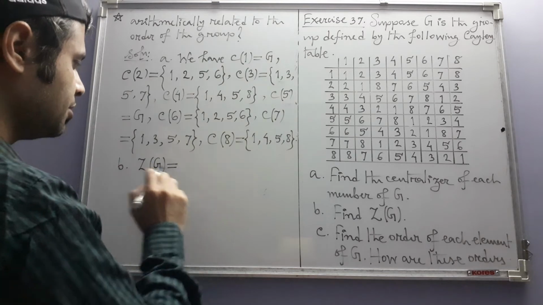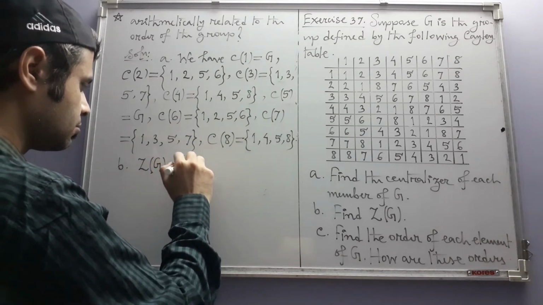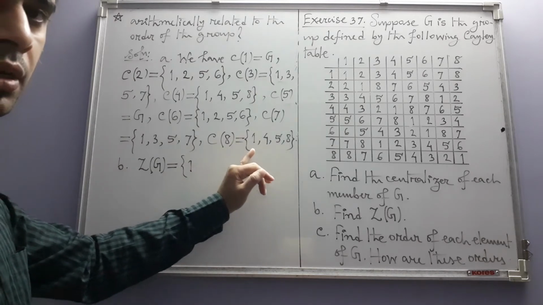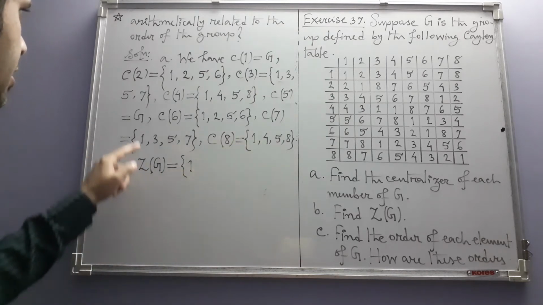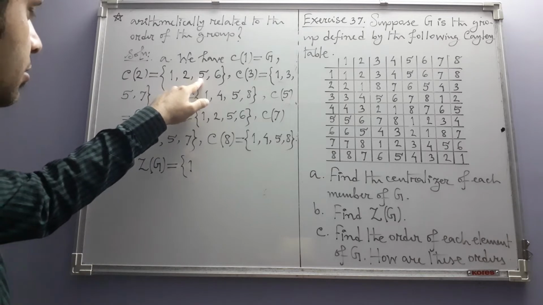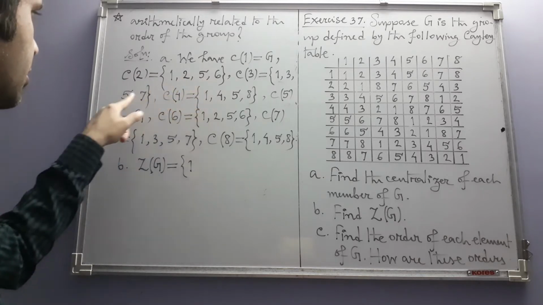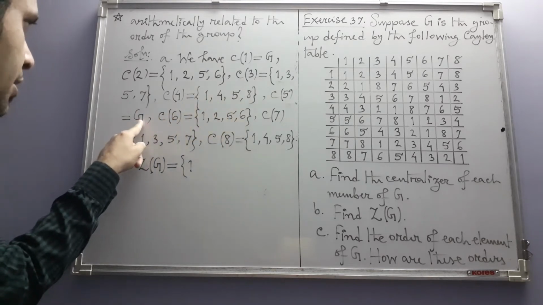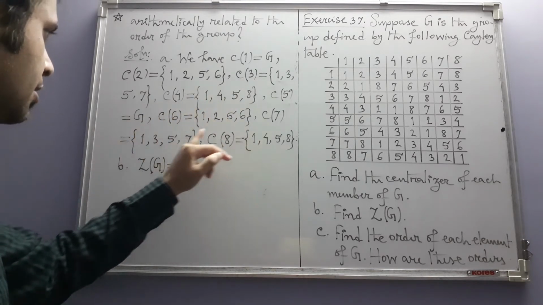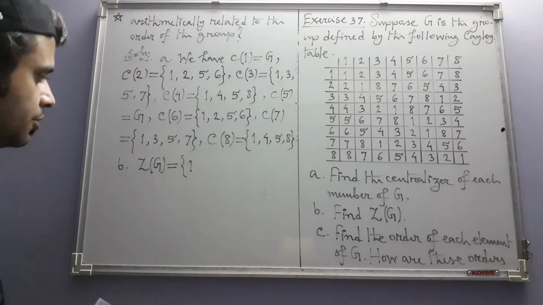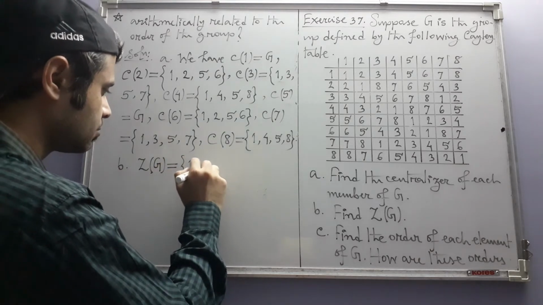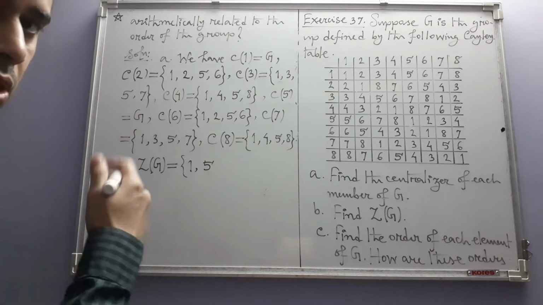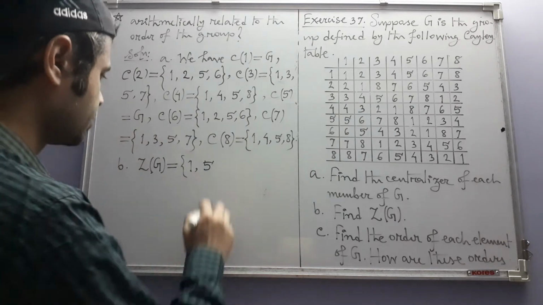One of course will be there because each centralizer is a subgroup, so it must have the identity element. But besides that, you can see that here you have 5, here also you have 5, this is G, 5, 5, 5. So in all of them you have 5. And if you look carefully, there is no other such element that belongs to all of them.